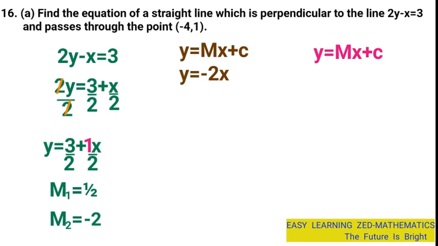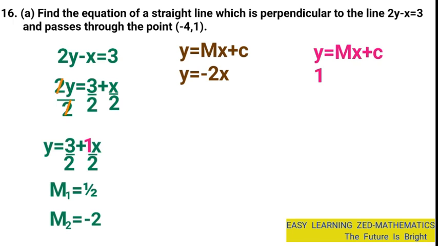Let me read through the question: find the equation of a straight line which is perpendicular to the line 2y minus x is equal to 3 and passes through the point negative 4, 1. So the value of y in those points is 1.